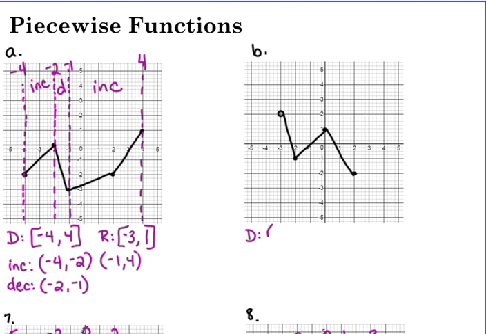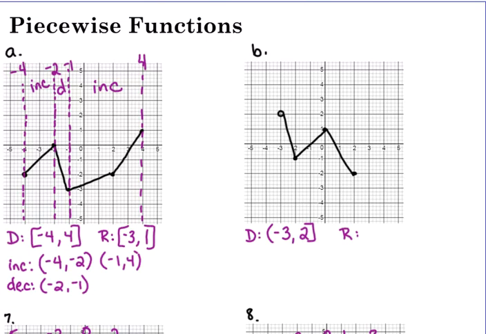So instead of a bracket, we're going to put a parenthesis there because we don't actually equal -3. And then as we follow, our graph ends at +2. Now on that side, there is a point. We do equal 2 on this side, so we have a bracket around the 2 for this domain.